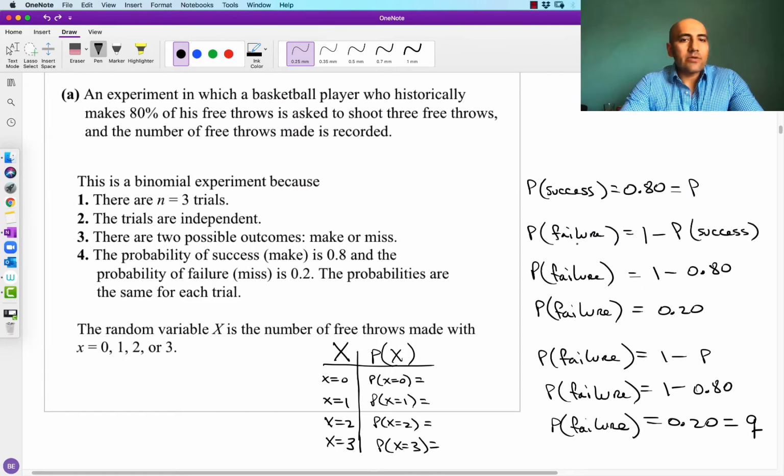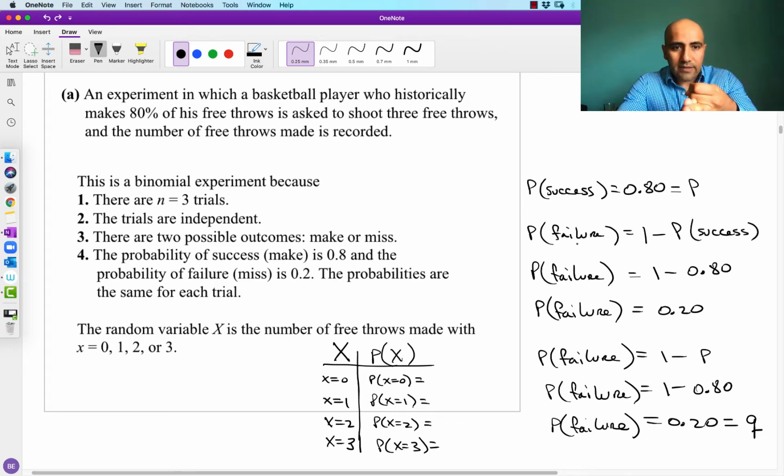An experiment in which a basketball player who historically makes 80% of his free throws is asked to shoot 3 free throws. So we looked at this situation. We concluded that it did satisfy all 4 of the criteria of a binomial distribution, a binomial random variable. There were 3 fixed trials.